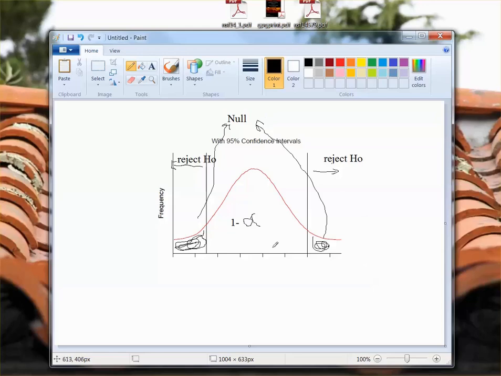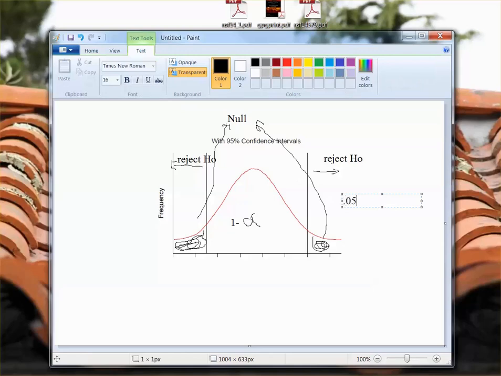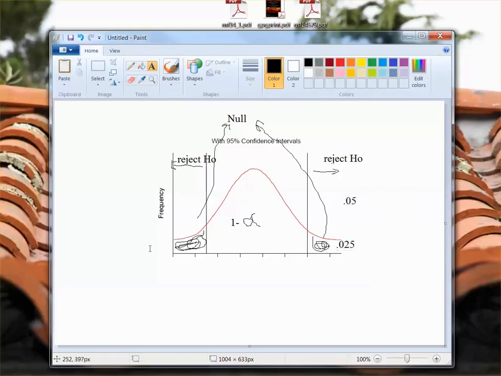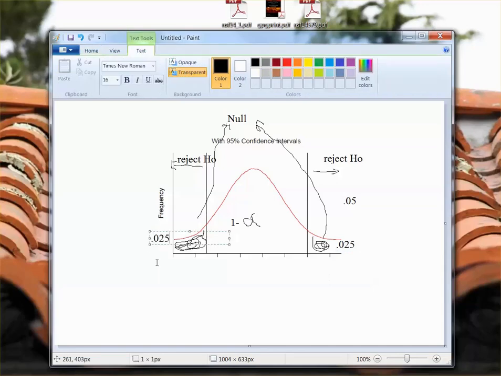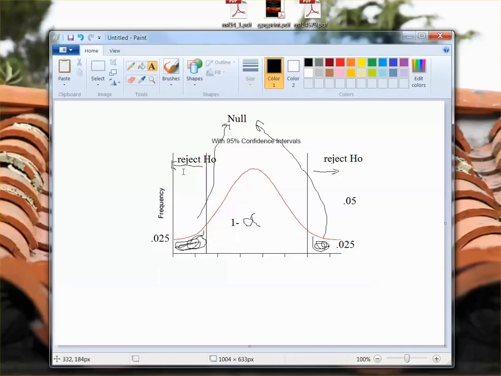And we quantify this because we set alpha. We set the alpha level at 0.05, so that means out here it's 0.025 in this tail, and 0.025 in that tail, right? And this is the probability of a type 1 error. This is when we reject the null hypothesis, but in reality, the null hypothesis is true.